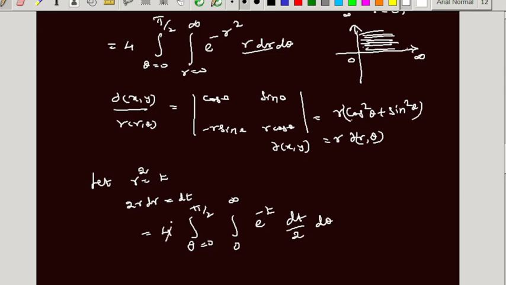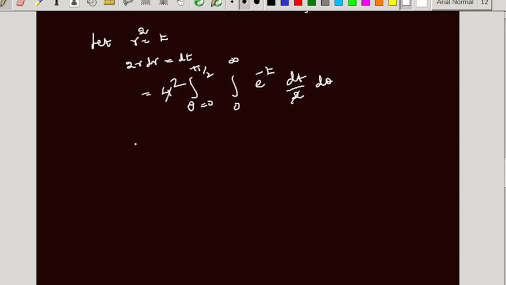Here we can cancel these two and we integrate with respect to t. So 2 times integration 0 to pi by 2, e power minus t is e power minus t divided by minus 1, limit 0 to infinity.